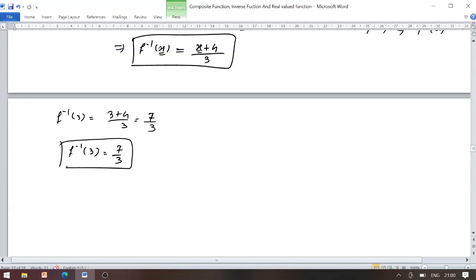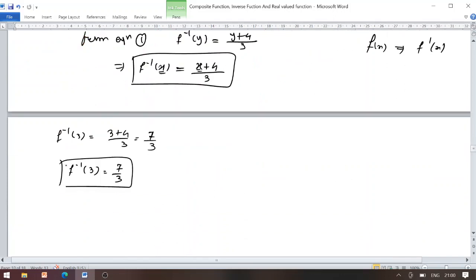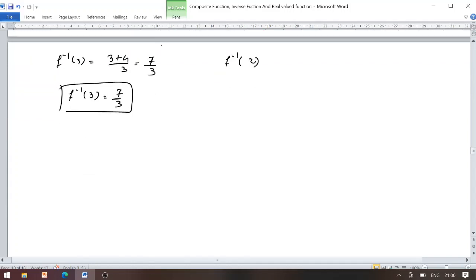Now we evaluate f inverse of minus 2. For that, let us replace x in f inverse of x by minus 2. It becomes minus 2 plus 4 divided by 3, which gives us 2 by 3. So f inverse of minus 2 is 2 by 3.